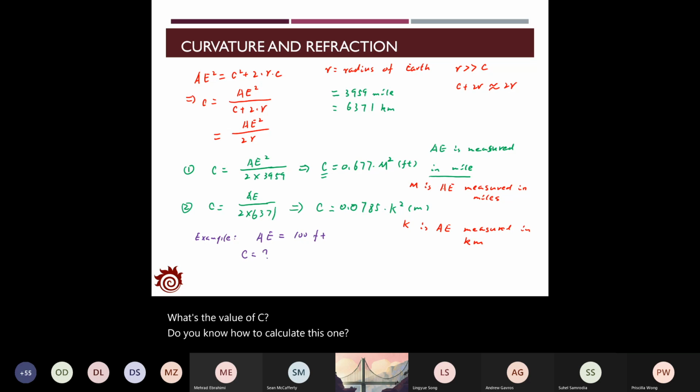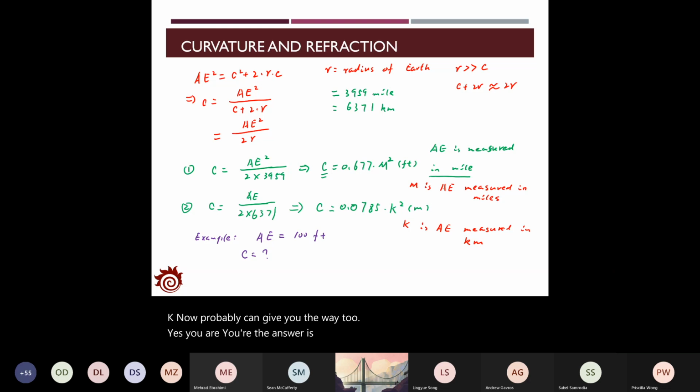Any ideas about how to find this value? Okay, then I can give you the way to do it. Yes, the answer is right.